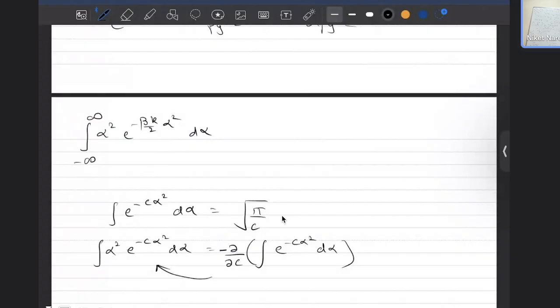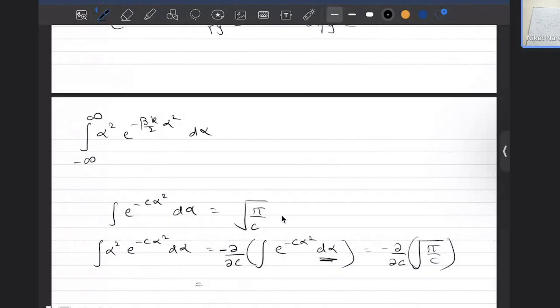If I take this derivative on the right hand side, because c is not a variable dependent on alpha, I can take this derivative inside, and when I perform it, what I get is exactly the left hand side. So this is also equivalent to del by del c of root pi by c.